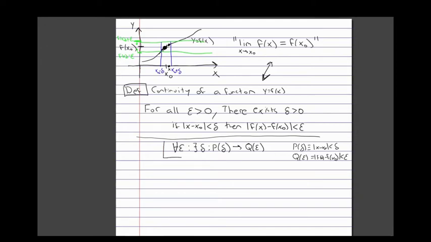It is expressed exactly like before in terms of predicate logic, so in terms of this universal quantifier in epsilon and this existential quantifier in delta.